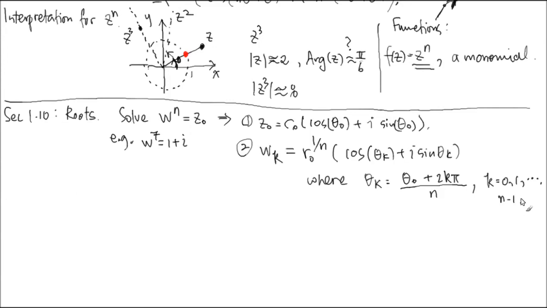Although it ends at n minus 1, we start from 0, so you can see I'm talking about 7 statements: w0, w1, all the way up to w6, if it is the case. Right? So that's how you solve it.